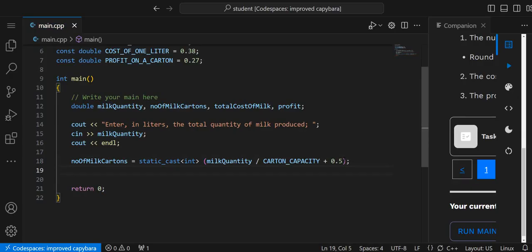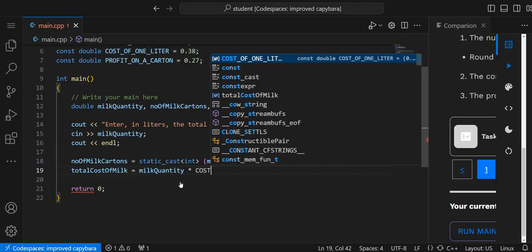All right. Next, total cost of milk equals milk quantity times cost of 1 liter.